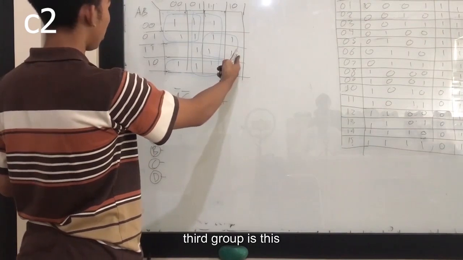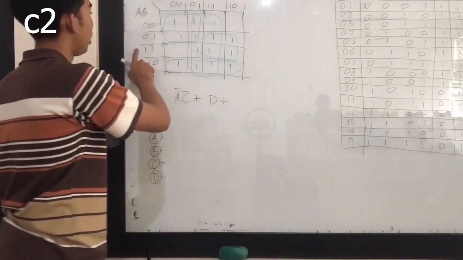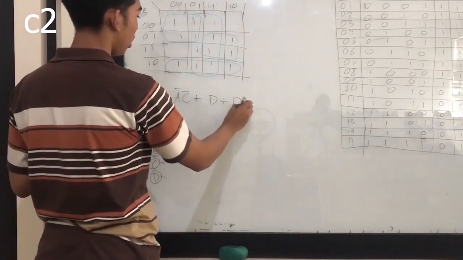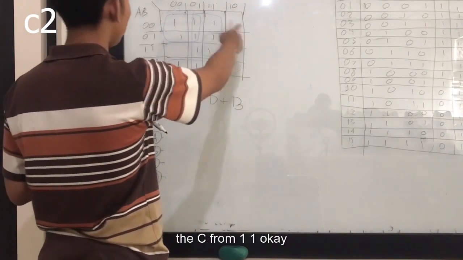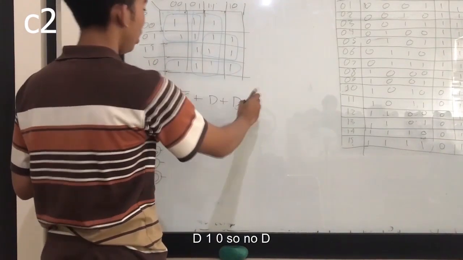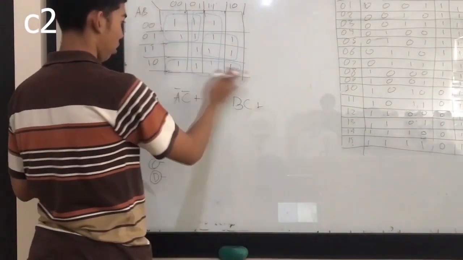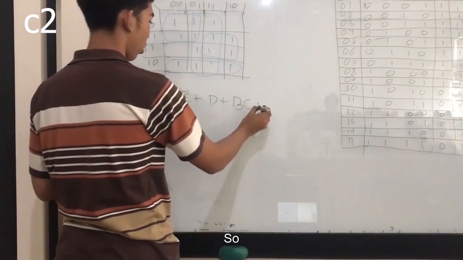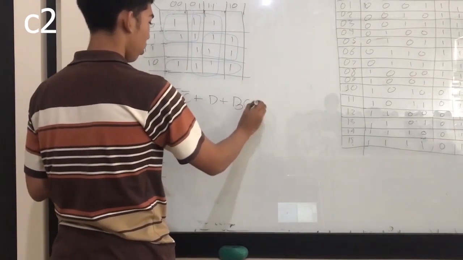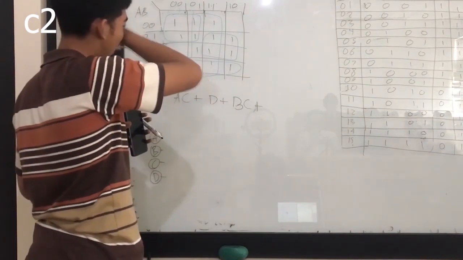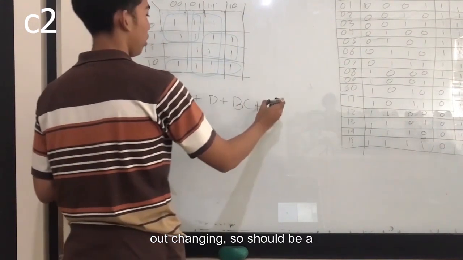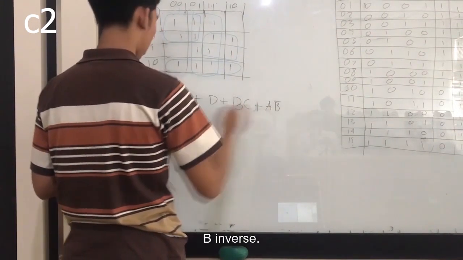The third group is this, so let's try. A is changing, B, the C from 1 1, okay. D 1 0, so no D, so BC. And the last group is this horizontal long one, so A is 1, B is 0, and the CD is all changing, so it should be A B inverse.